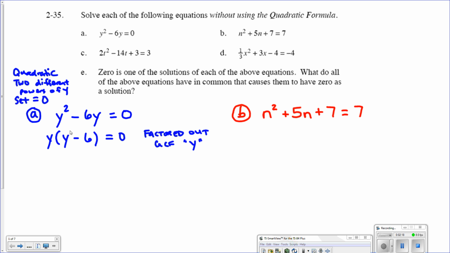Two numbers being multiplied times each other to get 0 allows us to use the zero product property. So we're going to set each factor equal to 0. So y should equal 0, and y minus 6 should equal 0. Remember, we're using the zero product property.